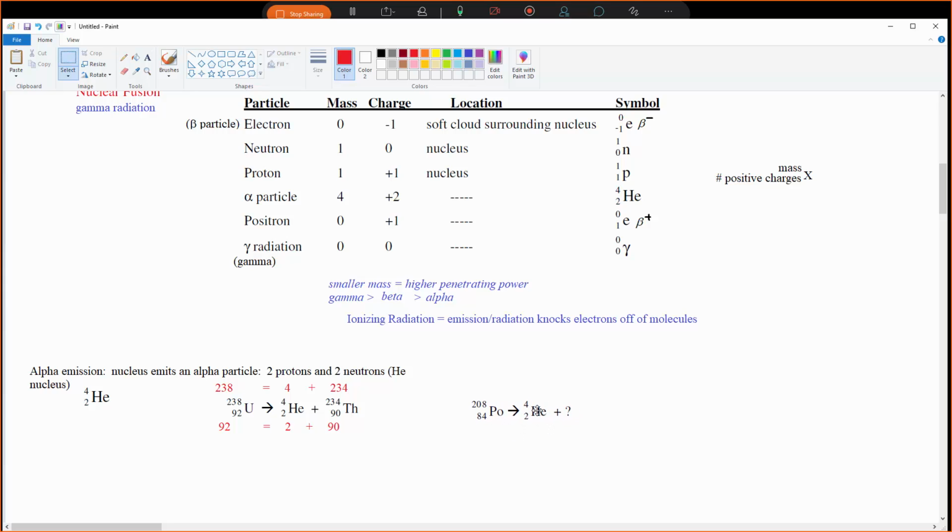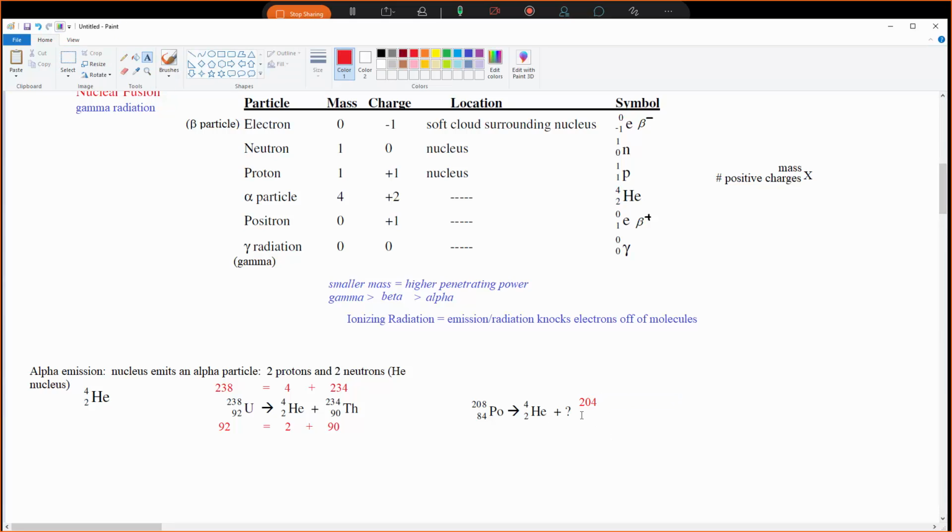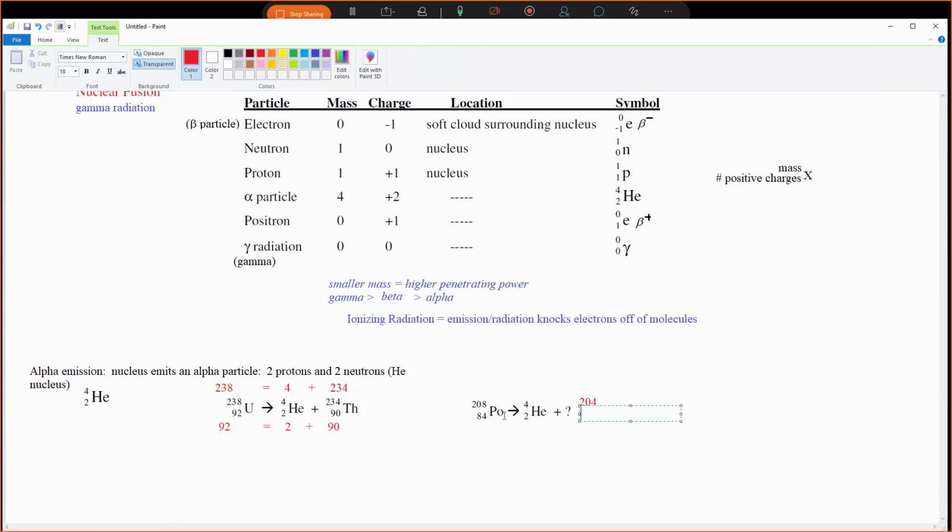Here's another one. If I say polonium-208 decays by alpha emission, and ask what else is made, you should be able to tell me. What is the new mass going to be? It's going to be 204, because 204 plus 4 is 208. And the number of positive charges is going to be 82, because 82 plus 2 is 84.